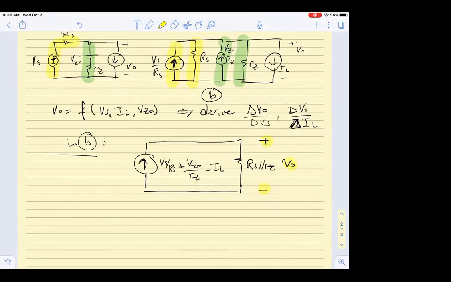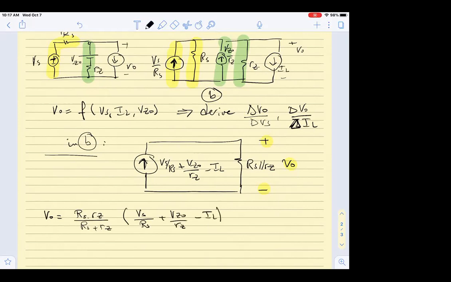I have effective resistance RS parallel RZ, and the total current flowing is VS over RS plus VZ0 over RZ minus IL. So I can write VO equal to RS parallel RZ, which is RS times RZ over RS plus RZ, right? This is the effective parallel, times VS over RS plus VZ0 over RZ minus I naught.